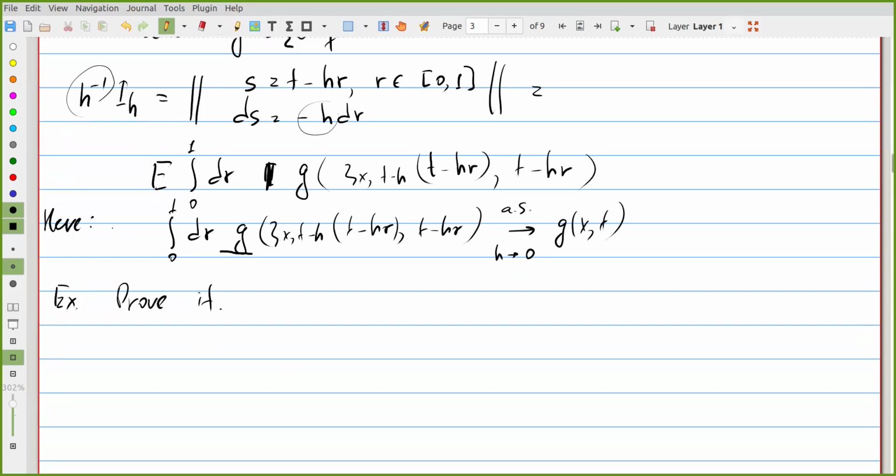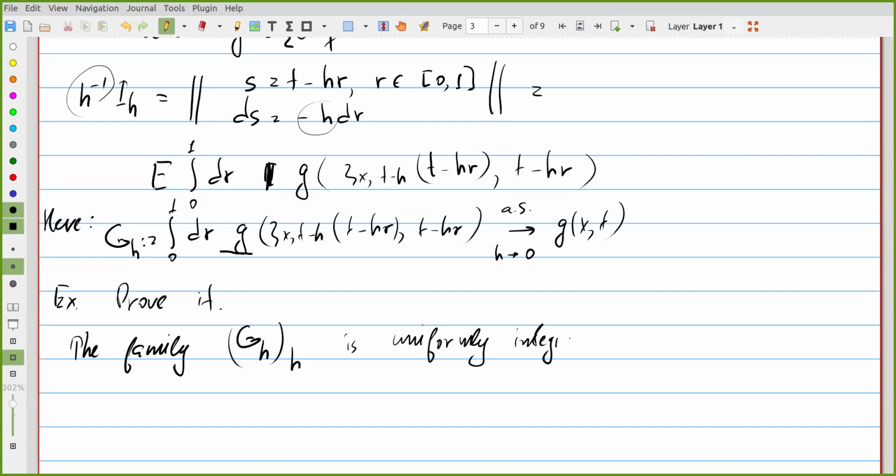And this family, I will denote it G_h. And the family G_h, parameterized by h, is again uniformly integrable, since the mathematical expectation of G_h squared is going to be less than the integral from 0 to 1 dr. Here's the Fubini theorem. Remember that I used it so well.